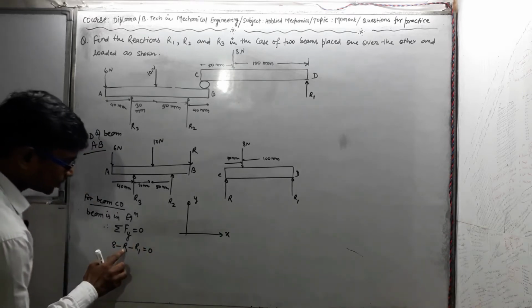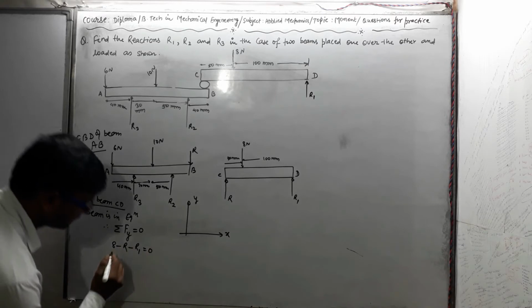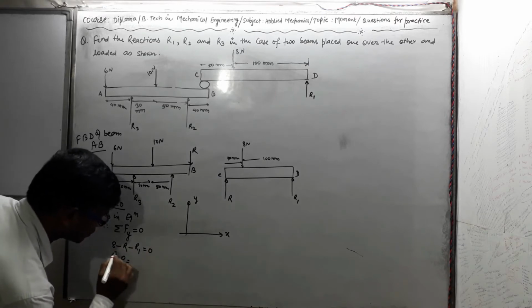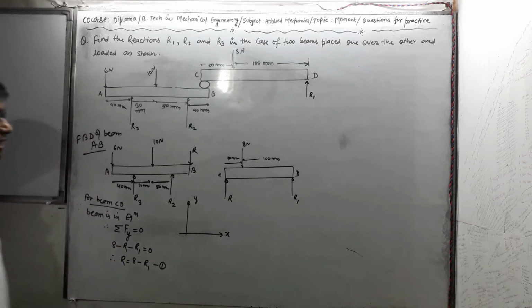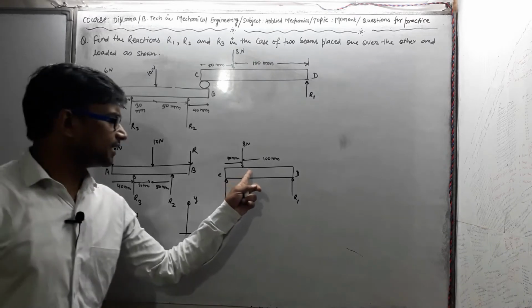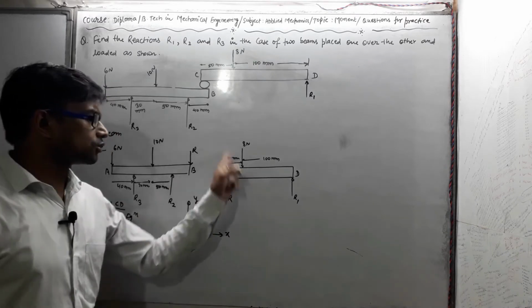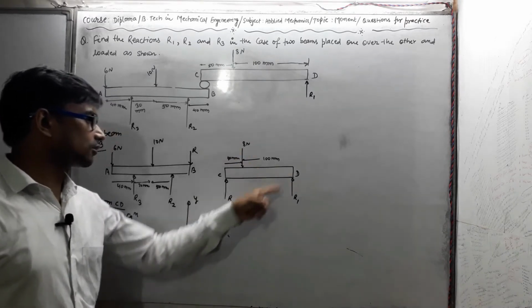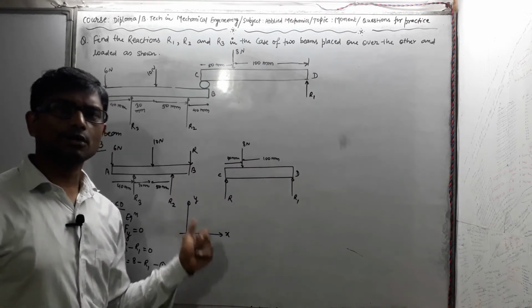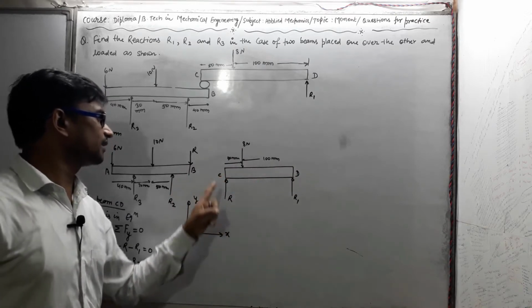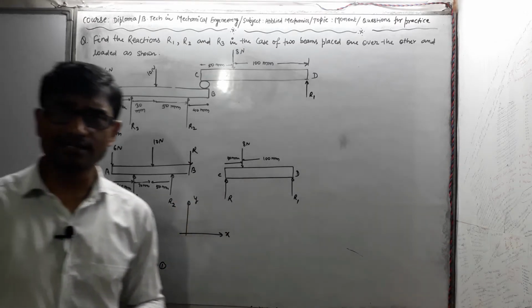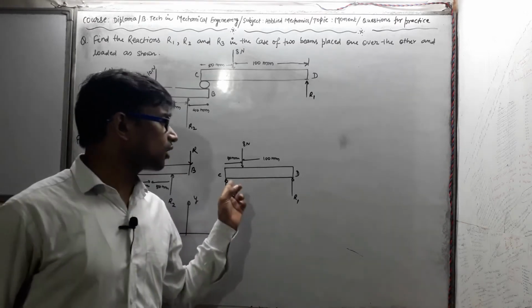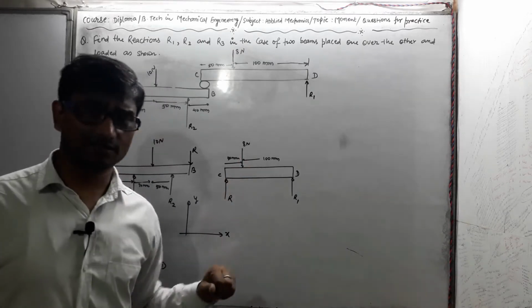Now transposing R to the right-hand side, it becomes R equals 8 minus R1. Let us suppose it is equation number 1. Since the beam is in equilibrium, it is not rotating in either clockwise or anti-clockwise direction, so the summation of all moments about any point, generally a point at which one or more forces are acting, is zero.